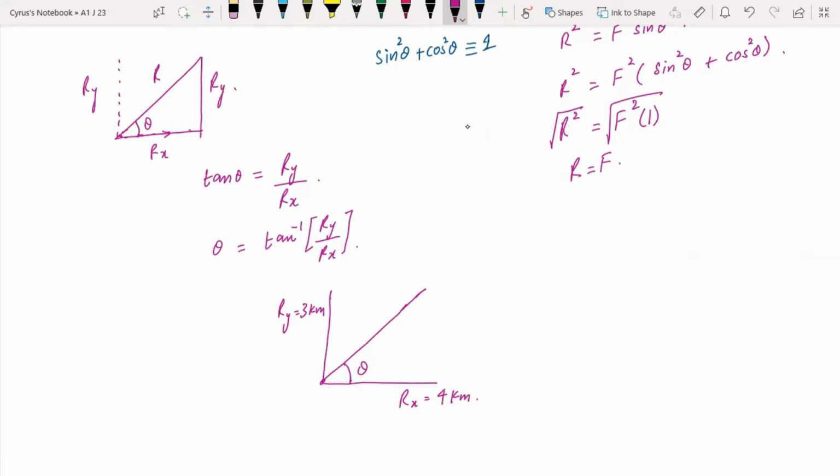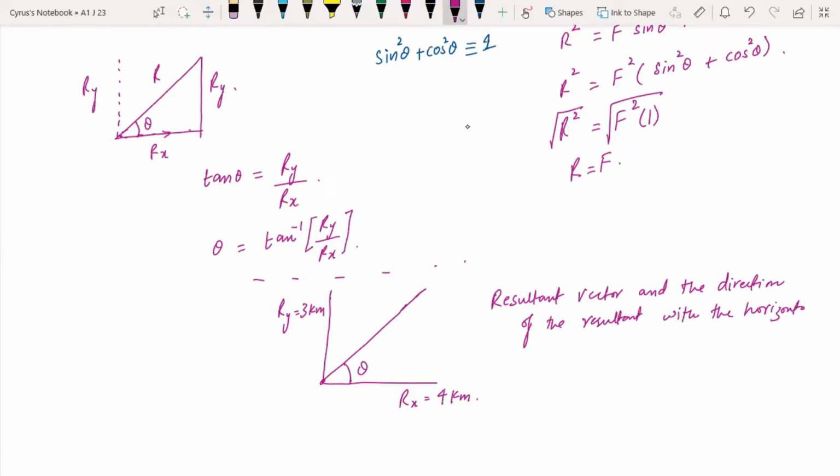You have to find the resultant vector and the direction of the resultant with the horizontal. First, the magnitude of the resultant.